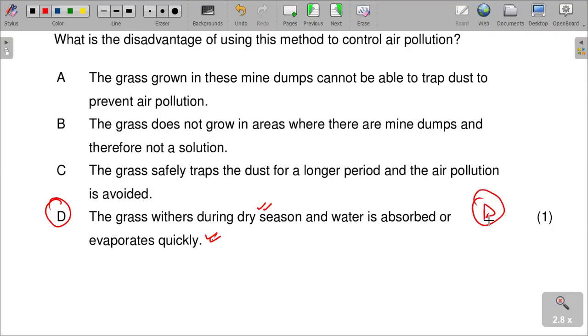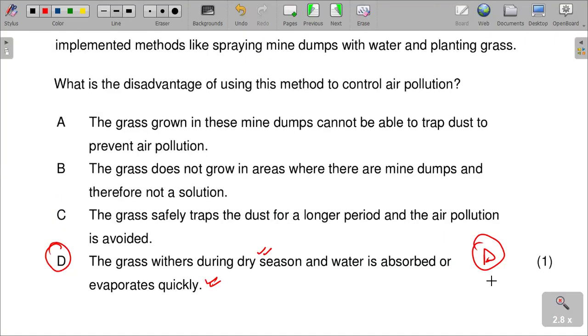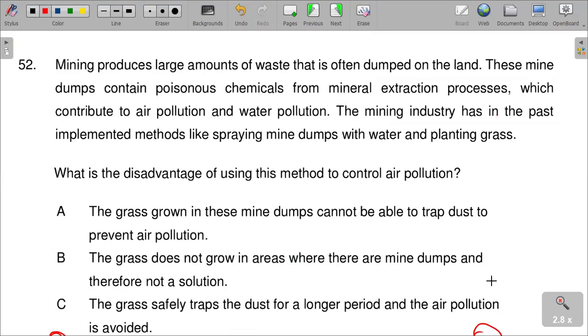That is the disadvantage of the processes done by the mines in terms of mine dump reclamation. Which is number 52.